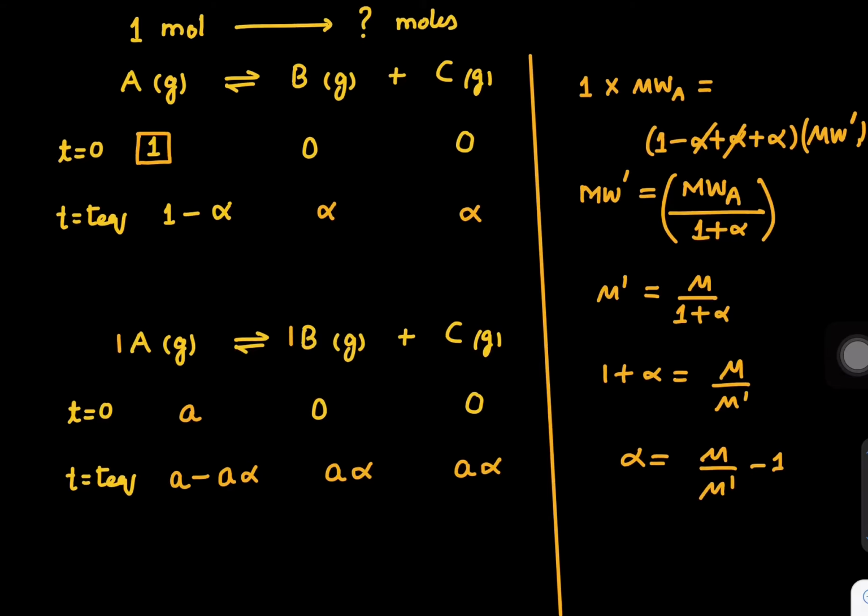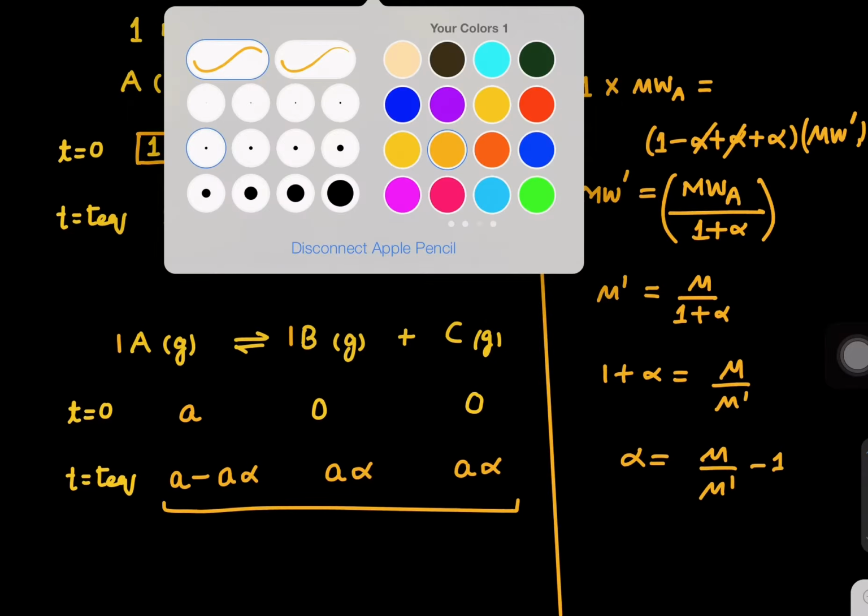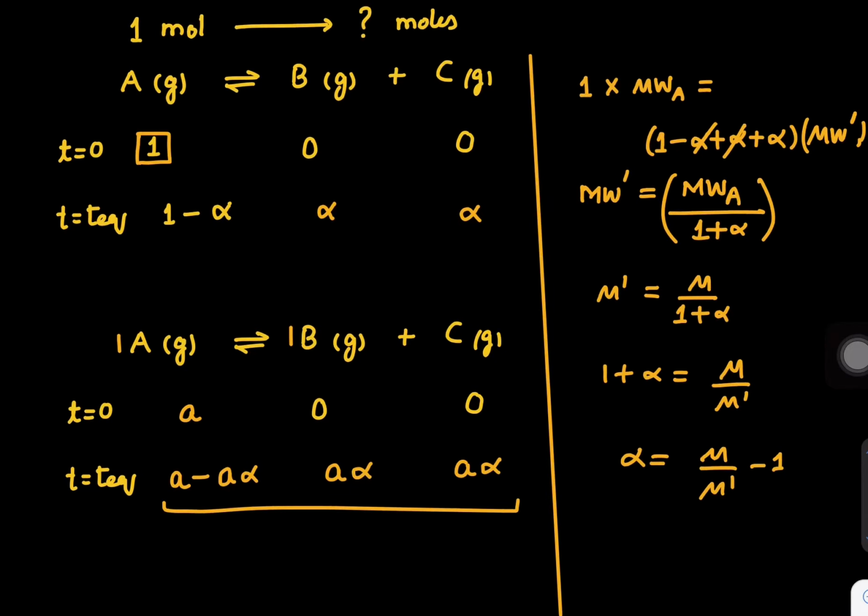Now the next important part is, what will be the answer for this question if the number of initial moles is A? Can we say everything will work in the same direction? The only change is that this number, which is written as 1 into molecular weight of A, would become A times molecular weight of A, or A times M, and later this should be equal to A minus A alpha plus A alpha plus A alpha, into M prime.